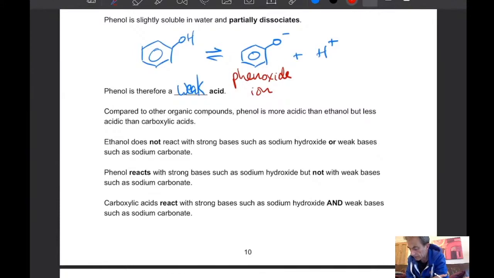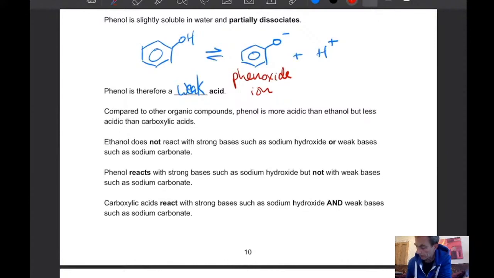Phenol is very weakly acidic, so it will react with strong bases, but it can't react with weak bases such as sodium carbonate. Carboxylic acids react with strong bases such as sodium hydroxide, and they can react with weak bases such as sodium carbonate.